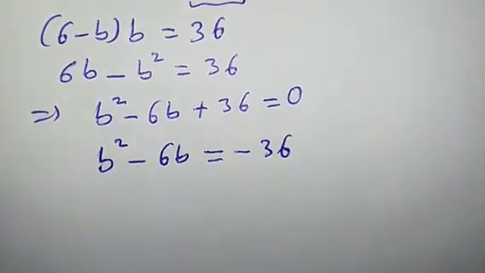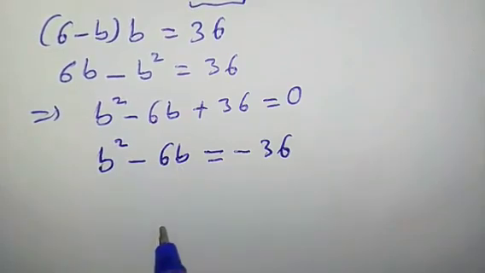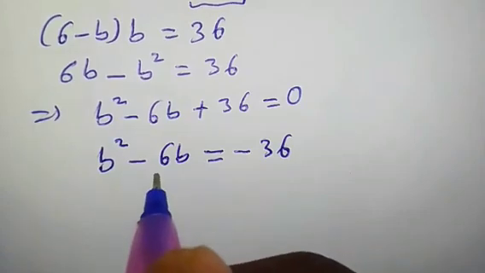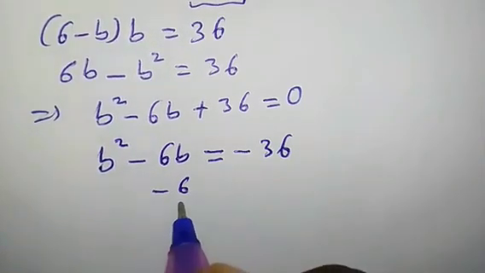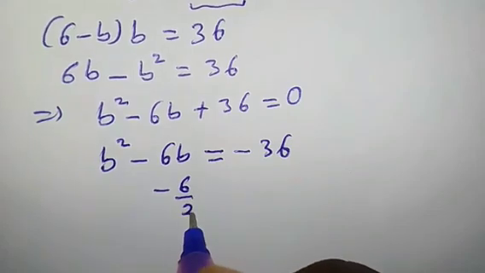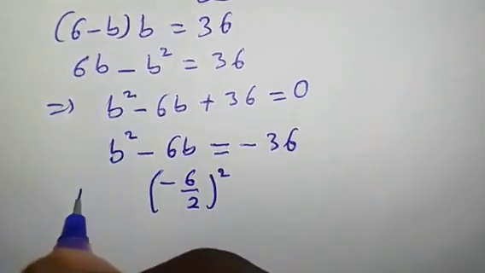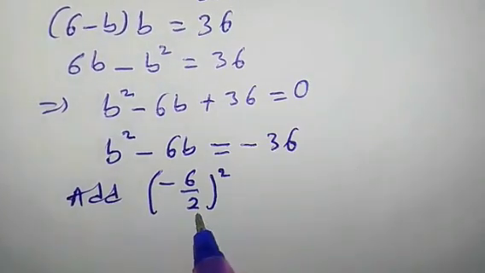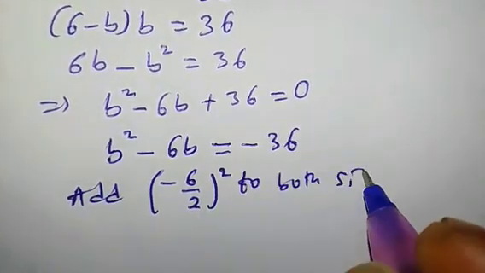Now let us add half of the coefficient of b, squared, to both sides. The coefficient of b is minus 6. So half of it will be minus 6 divided by 2, and we are going to square it. So we are going to add minus 6 over 2 all squared to both sides.